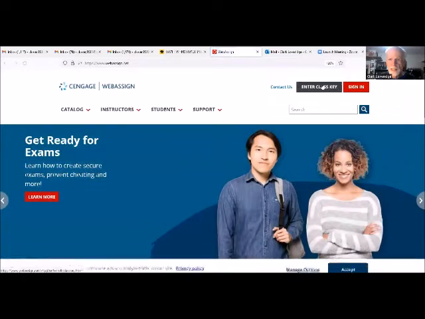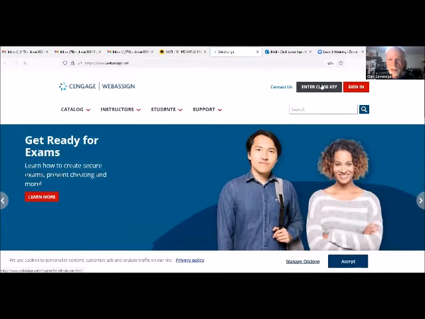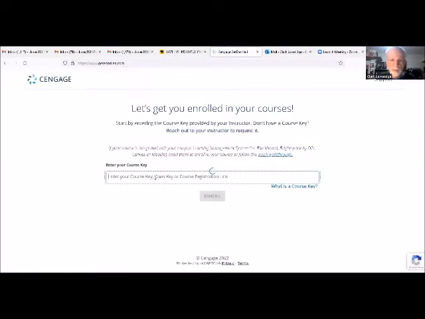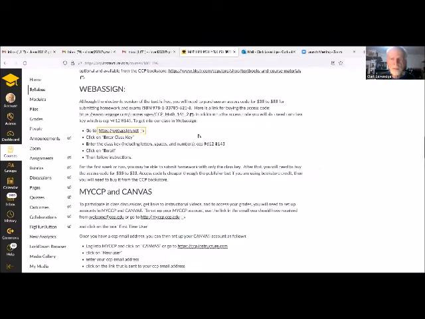It says enter class key, click on that, and then you enter the class key, that's CCP and then some spaces and numbers, and then click on enroll, and that'll get you enrolled in the course in WebAssign.